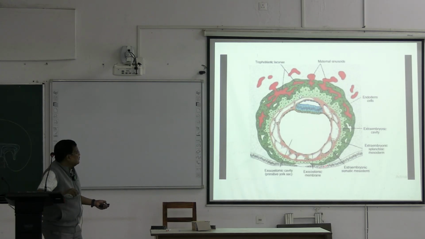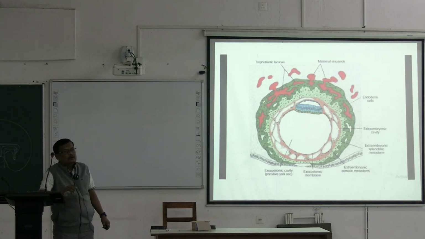And at the abembryonic pole, the cytotrophoblast is very thin, not proliferating, not growing. Syncytiotrophoblast is very thin, not proliferating, not growing.